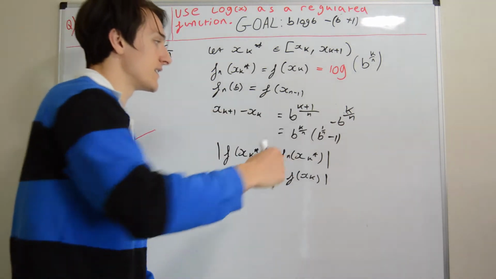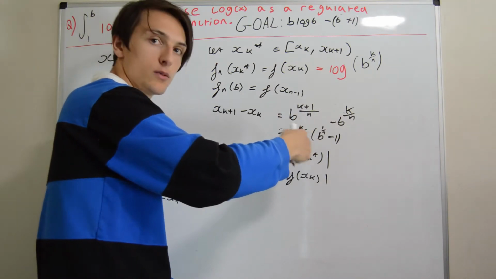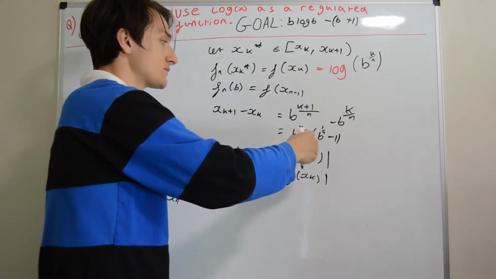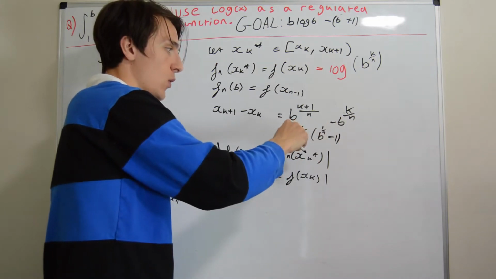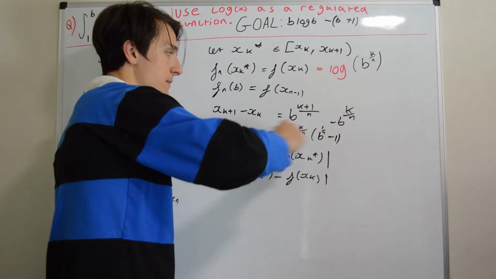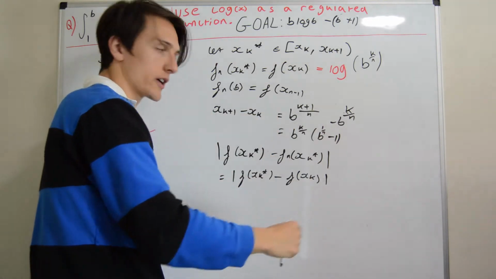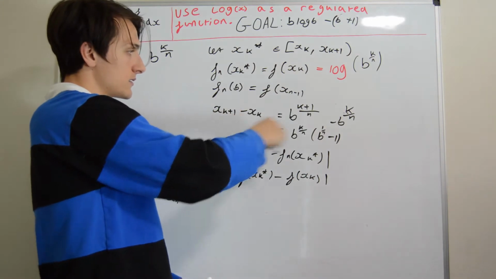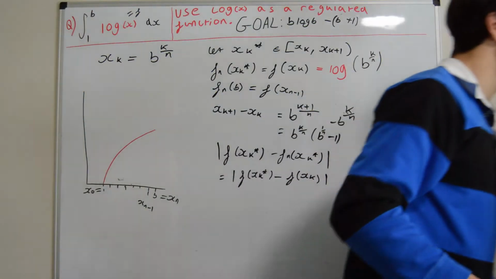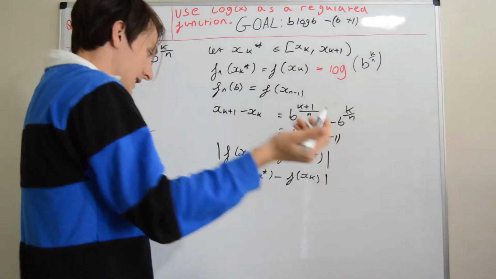Because it's clear that this can be made arbitrarily small as n goes to infinity: this goes to 1, this goes to 1 as well, so it's 1 minus 1, which is 0. So this can be made arbitrarily small. But this right now, we're not sure, so we want to link it to this somehow. So let's try that.